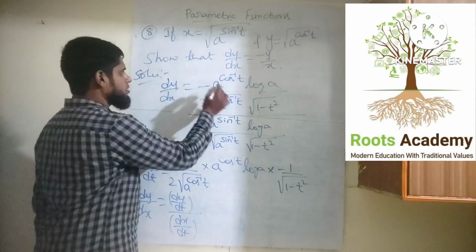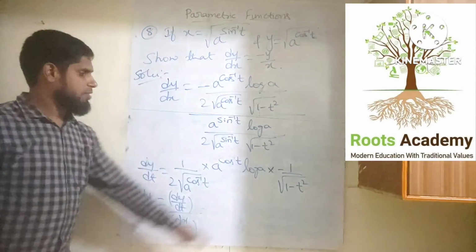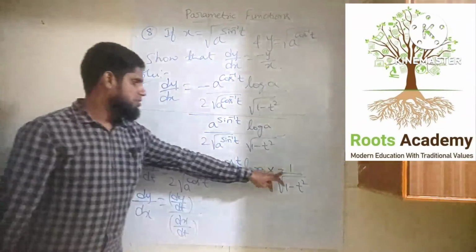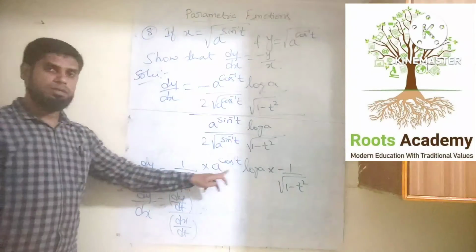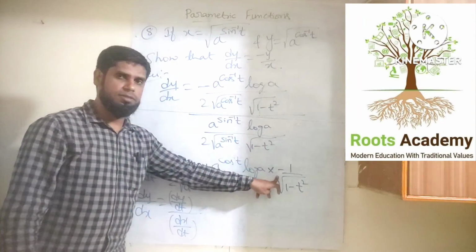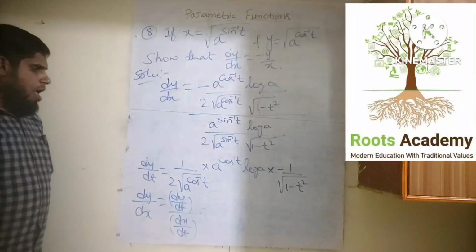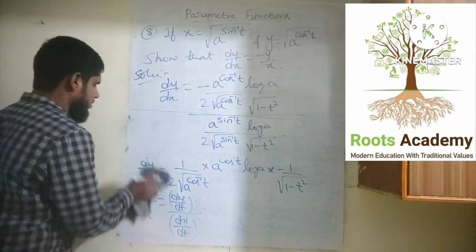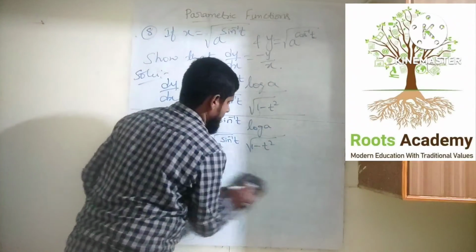Since there is a minus here, I wrote this minus first because this minus is multiplied to all the functions, all the 3 terms. Let me erase this answer now.